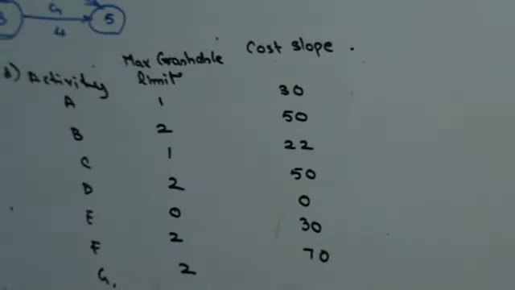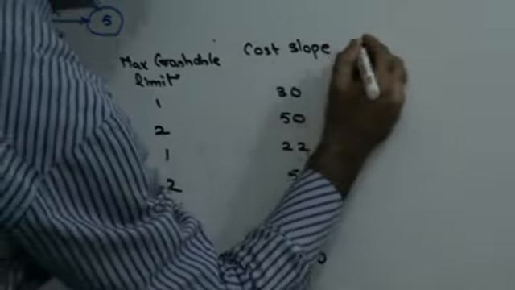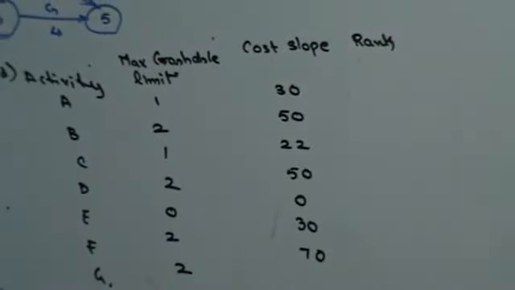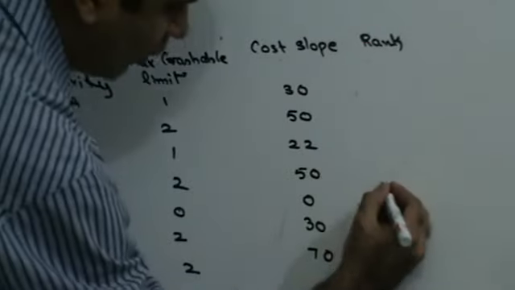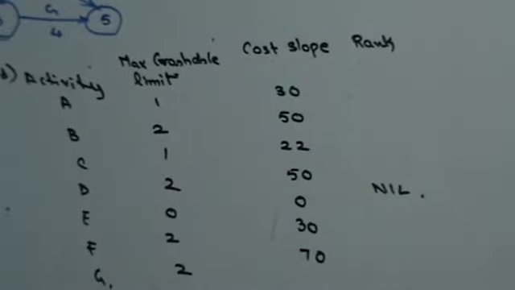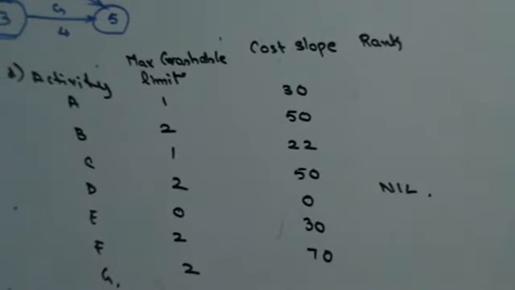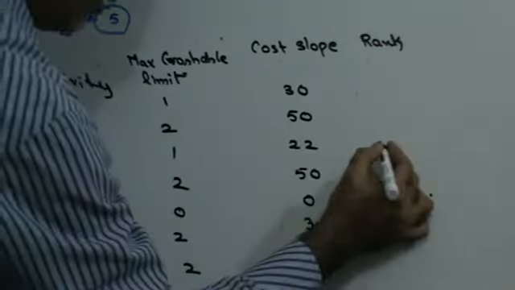Right? So you have to write your activity, maximum crashable limit, cost slope, and then you have to rank these activities in ascending order. First of all, when there's 0, you cannot have a rank for it because you cannot crash that particular activity. Now let's see, how do I rank them? The smallest number gets first rank. The smallest number is 22.